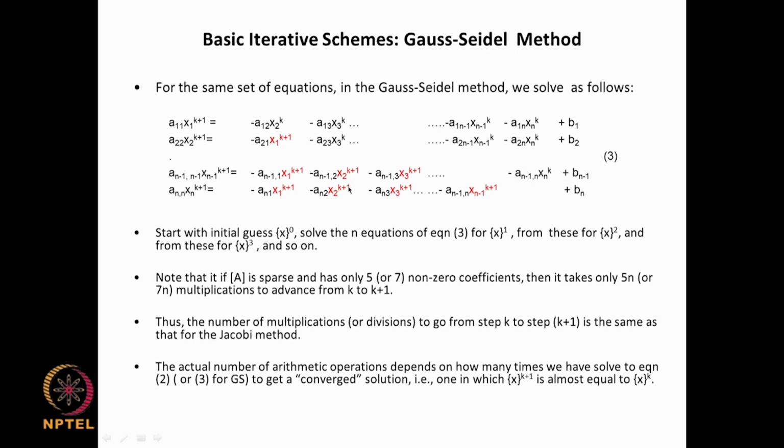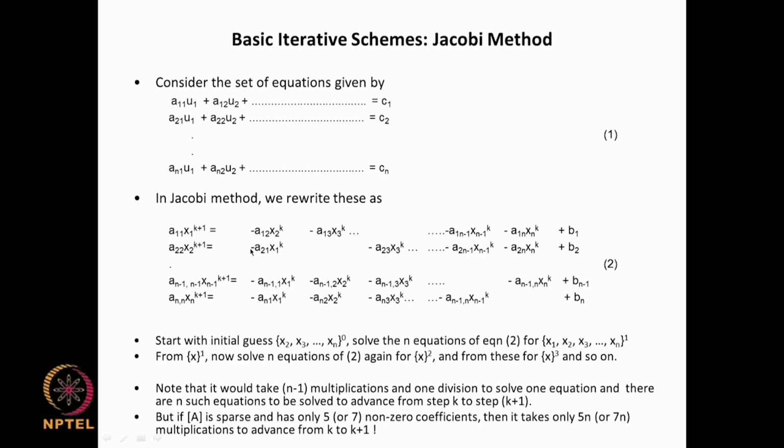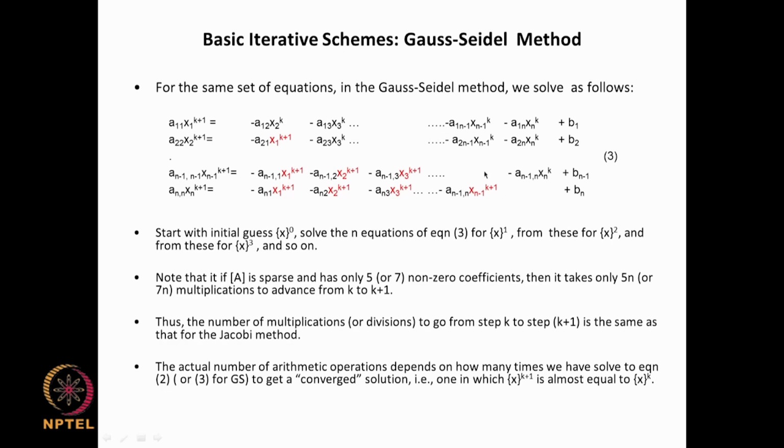So, in that sense the Jacobi method and the Gauss-Seidel method are very similar, except in the case of the Gauss-Seidel method, wherever we have an updated value we substitute that in, and otherwise it is the same approach, no matrix inversion, and we solve again with an initial guess, and then from this we solve for x1 and then x2, x3 and so on.